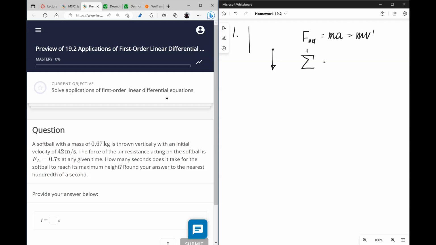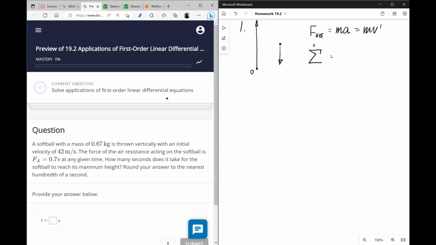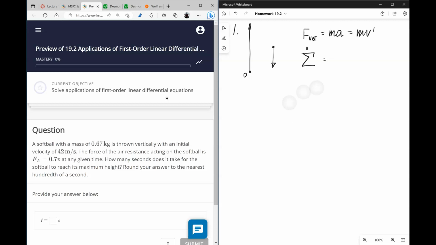So if we set the coordinate system with the origin at the surface level of Earth and pointing upward perpendicular to the surface, then the following two other forces are acting on this object. It's the weight of the object, which is mg, and it's worth mentioning that the weight is pointing downwards, so it has a negative sign in front.